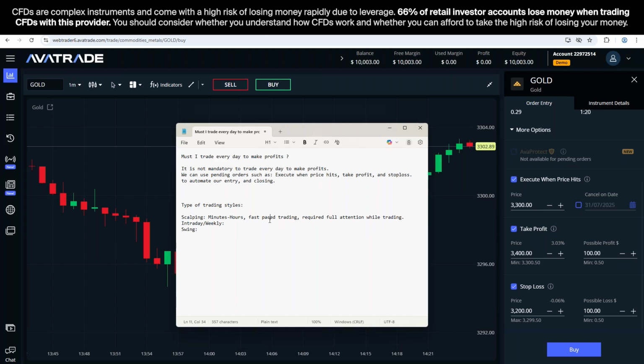Okay, so scalping, we wrote what it means. Intraday weekly will be obviously days to a week, up to a week, maybe even 2 weeks. No, let's say a week. All right, let's say up to 2 weeks maybe. But this is at max, because I think beyond two weeks to a month, it's already entering into the swing category.